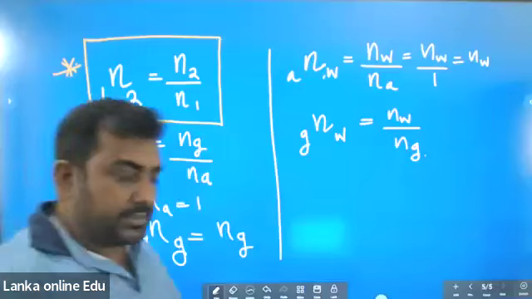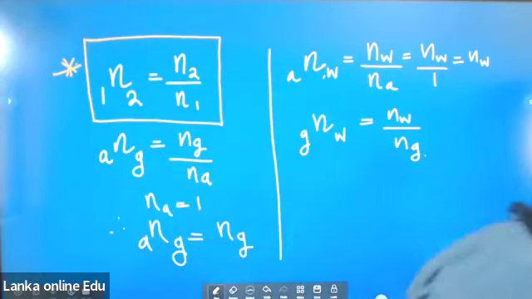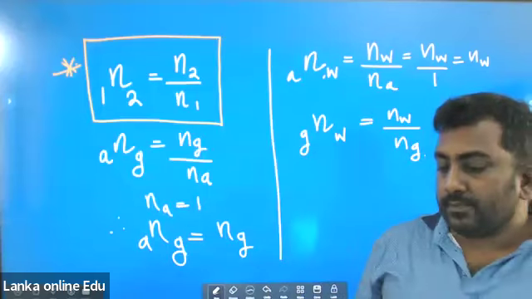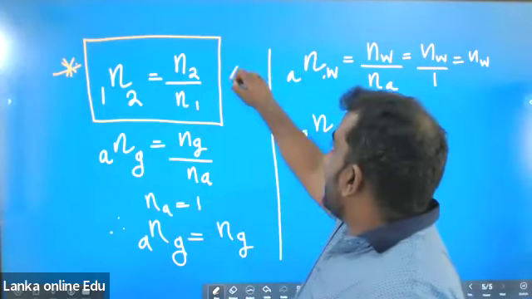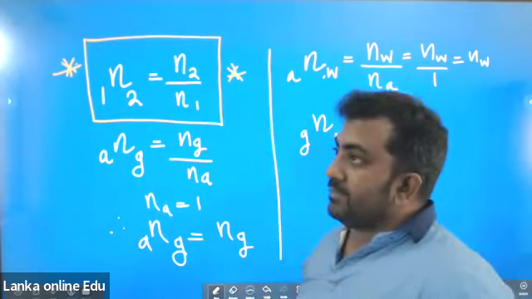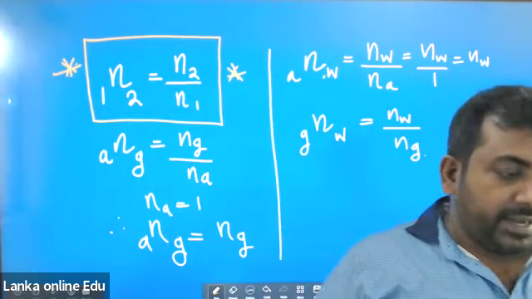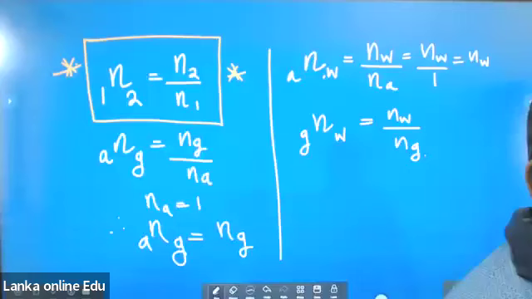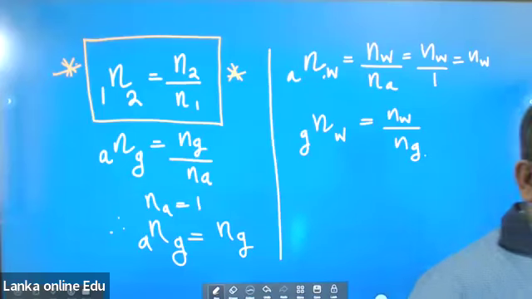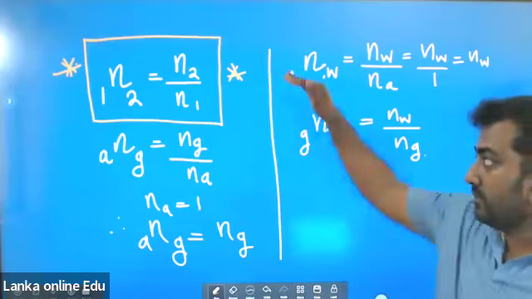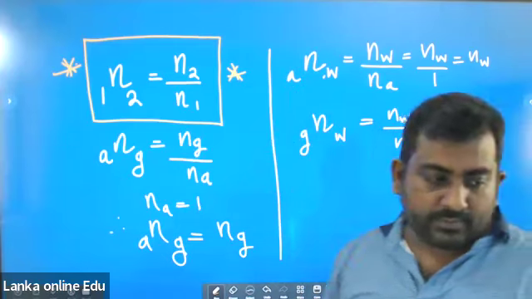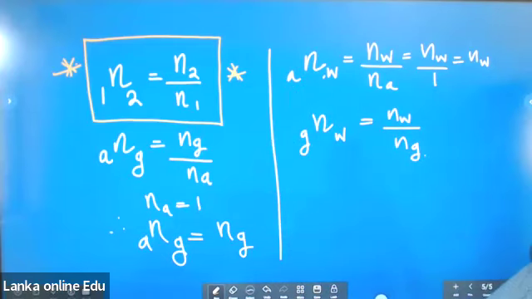Write the small sentence. We can write a relationship for the relative refractive index between two mediums as indicated below. Write down. Quickly write down.